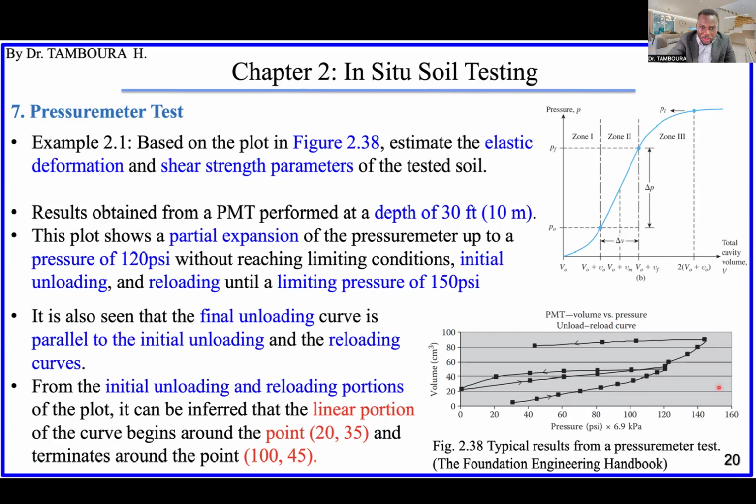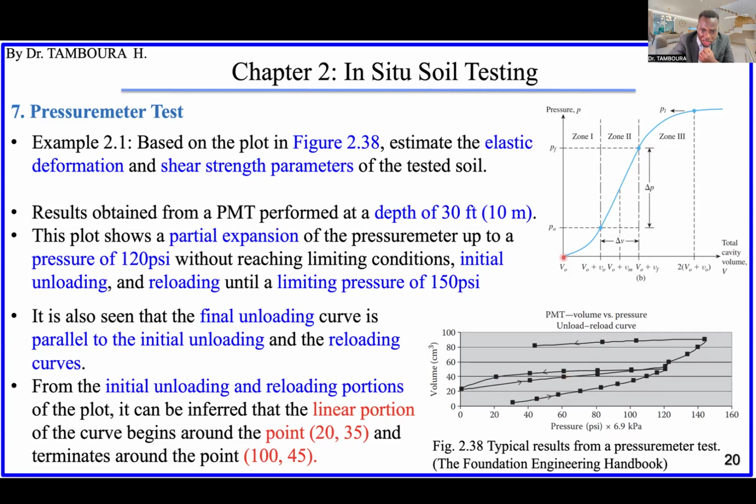We can also see that the final unloading, this one, is like parallel to this initial loading and unloading. These two are parallel. You know? So from this initial loading, unloading, reloading portion, we can see that this corresponds to this portion, this one.